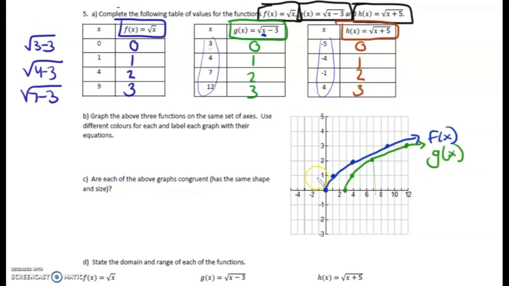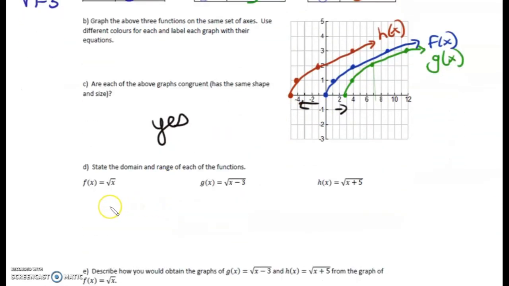Now we're going to go negative 5, 0, negative 4, 1, negative 1, 2, and then 4, 3. And this is going to be our h of x. So if we're taking a look at these functions, we can say yes, they are identical. They're just shifted left and right, if you think about it. Okay, they haven't been stretched or compressed.